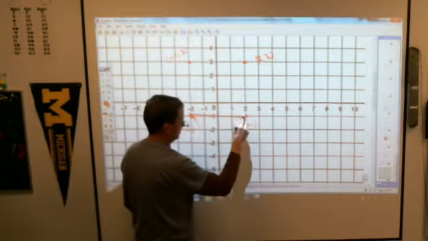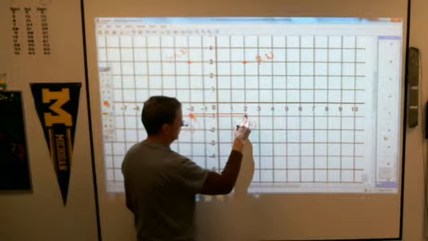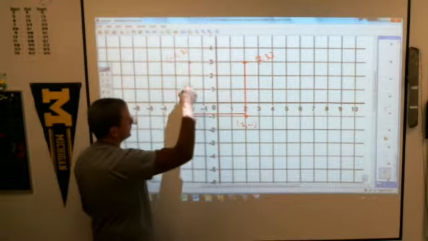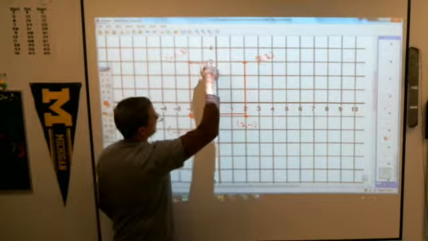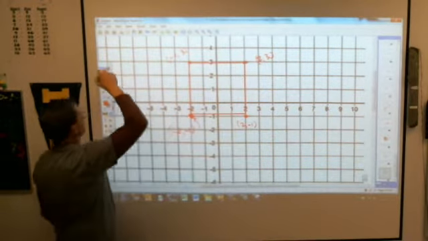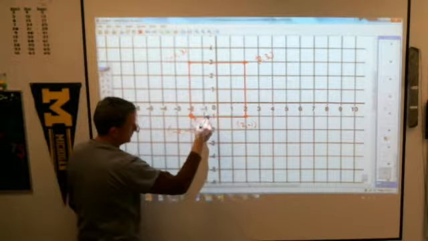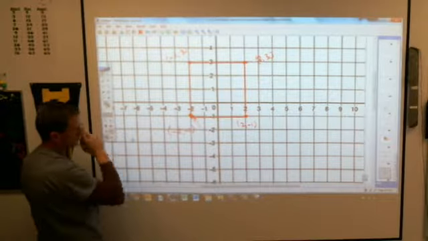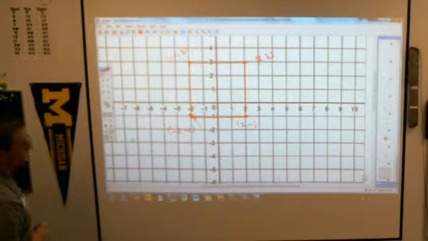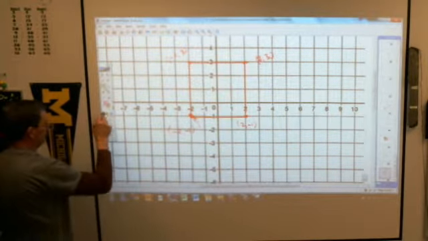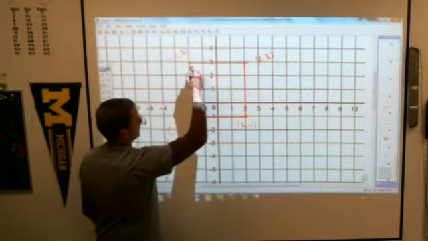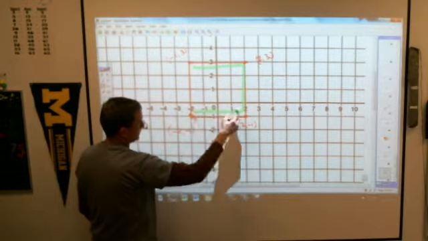Oh boy, my straight lines don't end up. That's about as close as I think mine's going to get. Does your rectangle look like my rectangle? If not, try to figure out why. Your rectangle should look like this.